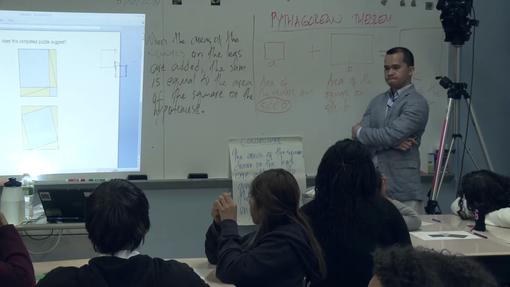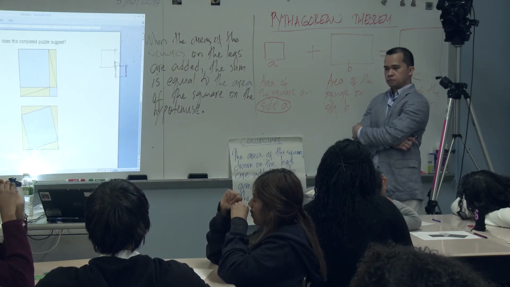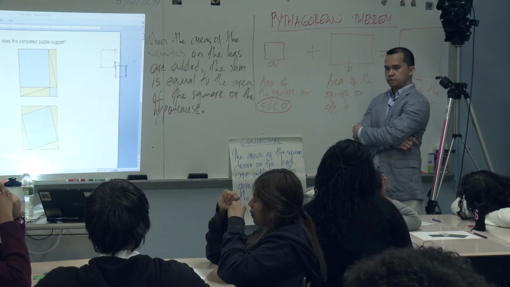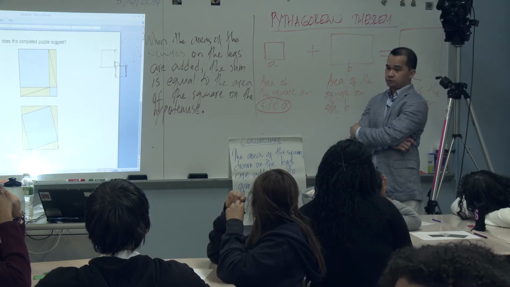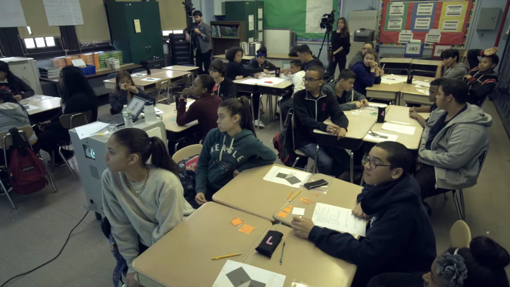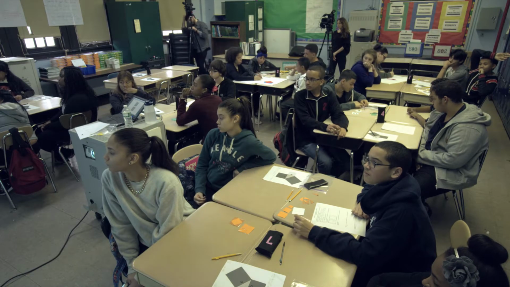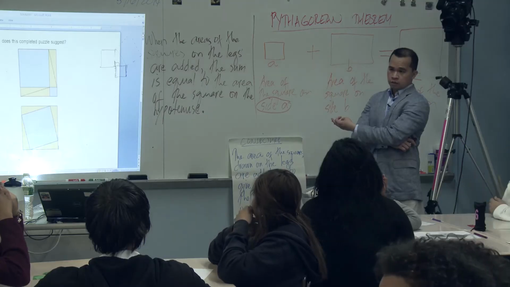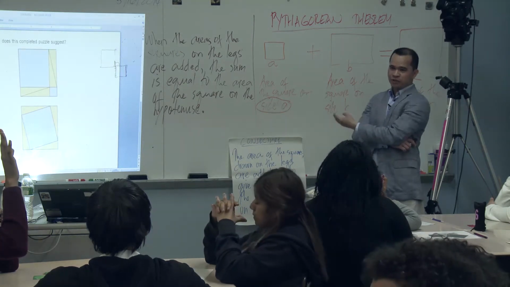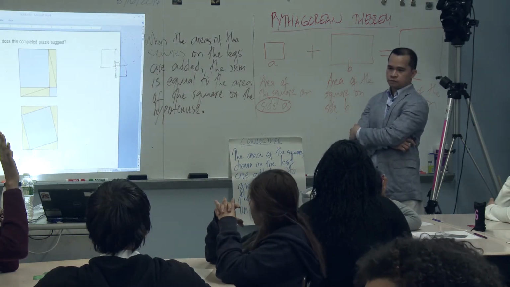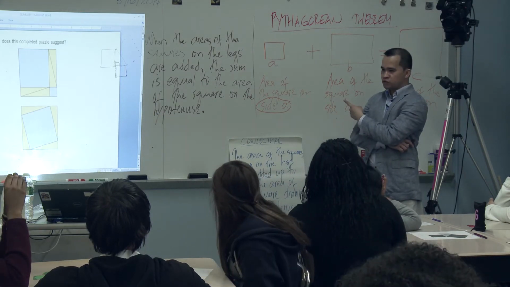Comments? I can see that you guys are thinking, and that's awesome. Please, if you have any comments, whether you disagree or agree, or you want to support Desiree's statement. It's really great to see you thinking right now. Does that make sense? Do you agree, disagree?